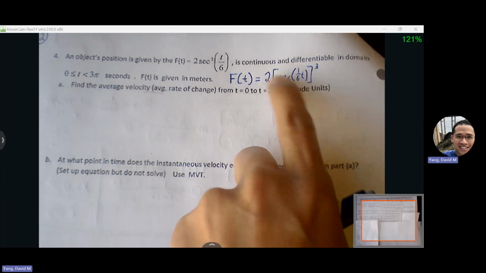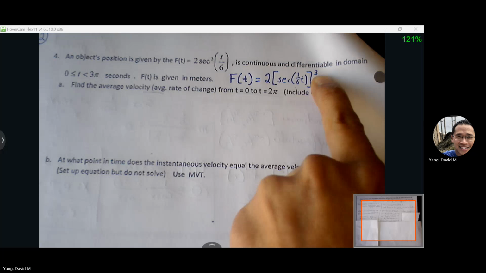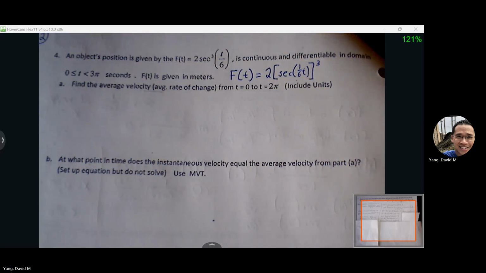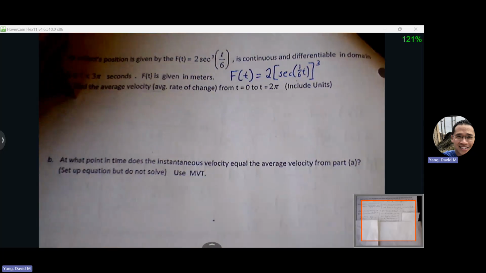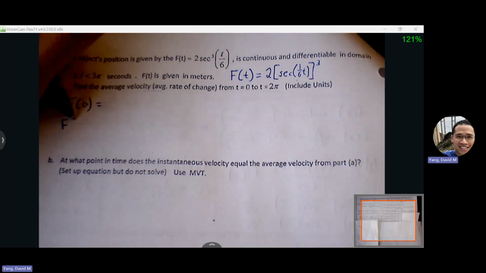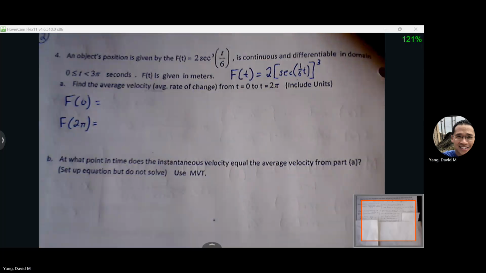Your order of operations is going to be easier to follow if you get that exponent outside a set of brackets or parentheses. Okay, so let's just find ordered pairs and then change in position over change in time. So let's find f of 0. Let's find f of 2 pi, and then just find the slope between the two endpoints. All right, try that.